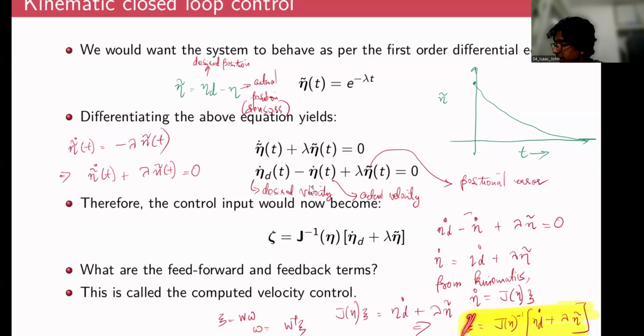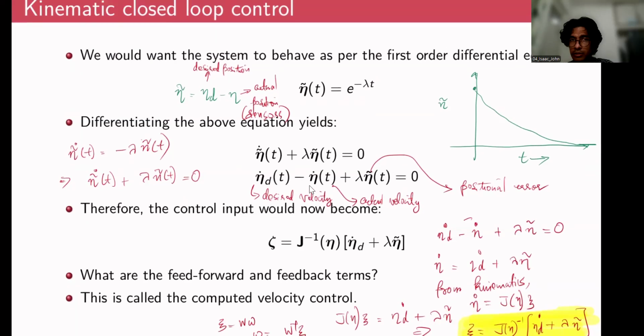Once you obtain omega and input that into the robotic system, the robot would behave as per this first order dynamics. So it's guaranteed that the error would converge asymptotically to 0 if this corresponds to your control input. I hope that is clear.